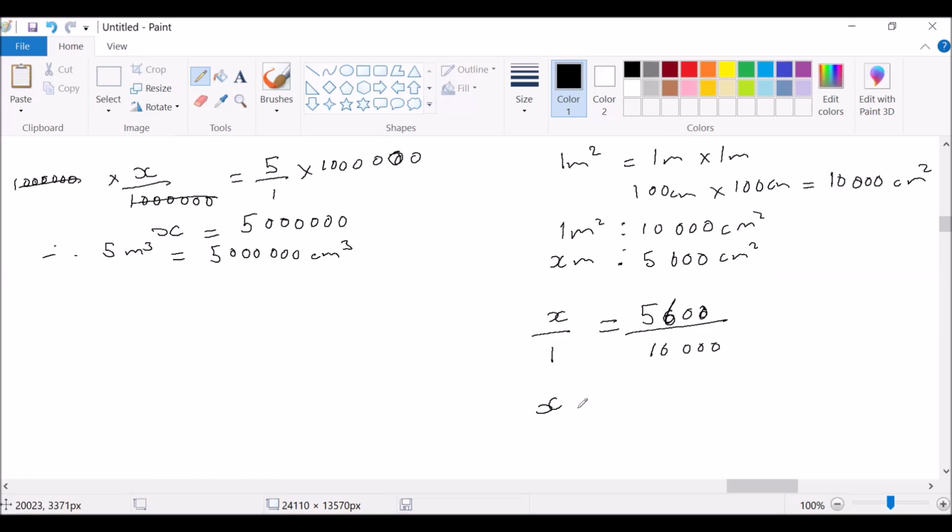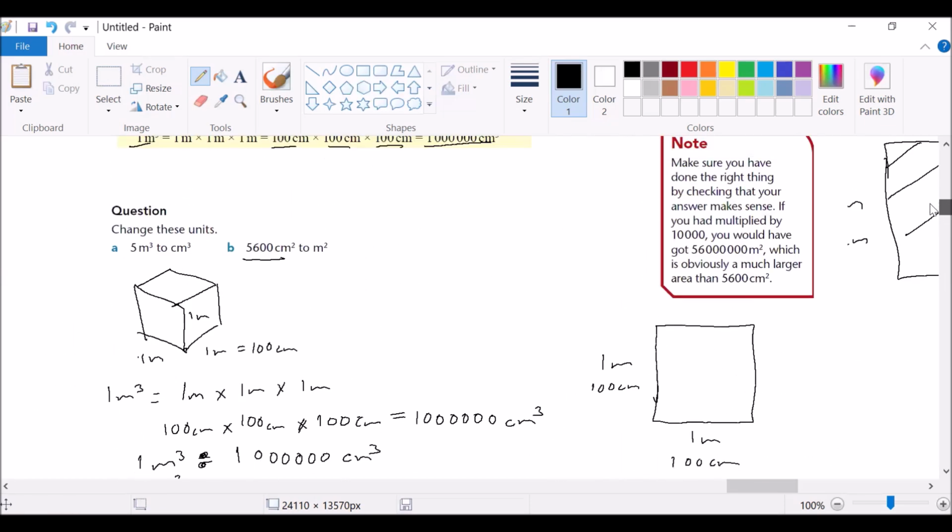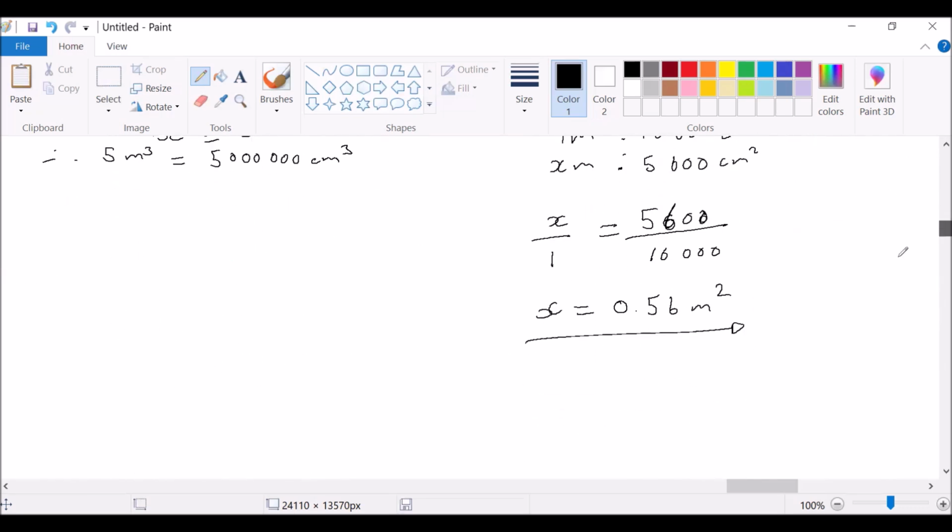So x is equal to 0.56 square meters. So now we can say 5,600 square centimeters is equal to 0.56 square meters.